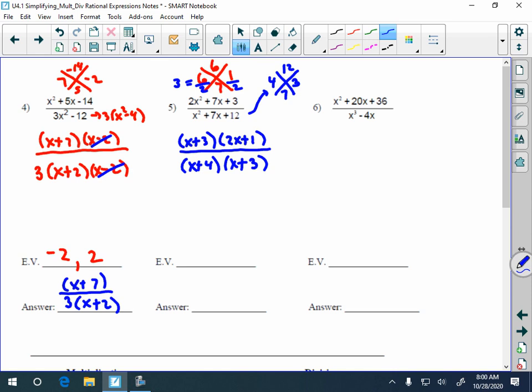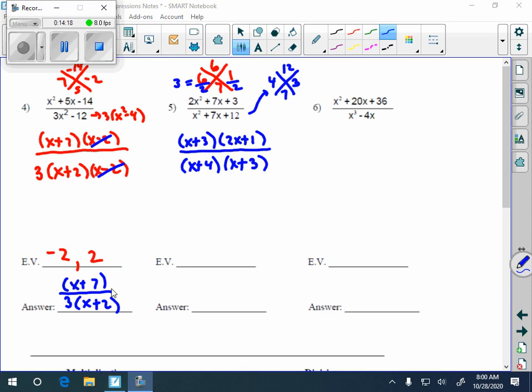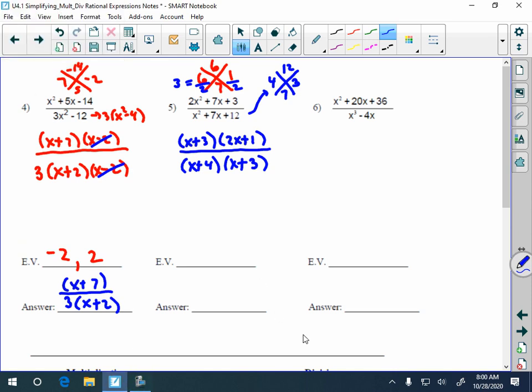Now we'll get our excluded values. So set x plus 4 equal to 0 and solve it, we get negative 4. Set x plus 3 equal to 0 and solve it, we get negative 3. We'll cancel the x plus 3's out, and we're left with 2x plus 1 and x plus 4.